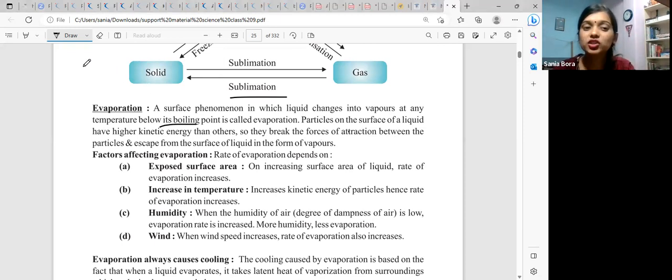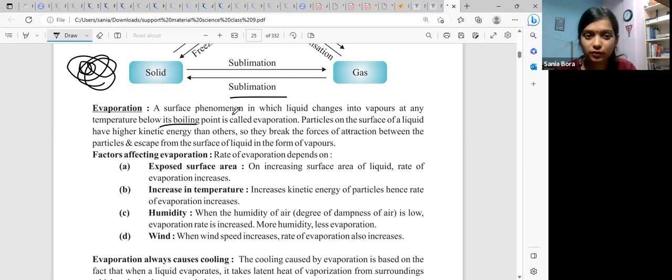Kinetic energy is what keeps you moving. Because of that energy, you move from one place to another, right? So the particles on the surface of a liquid have very high kinetic energy. Higher the kinetic energy, more the speed, so they quickly change into gas form.